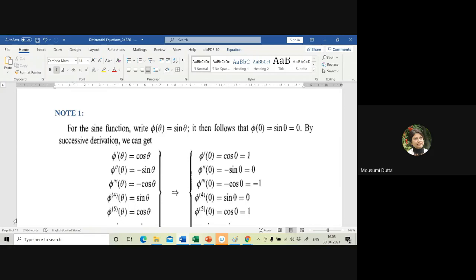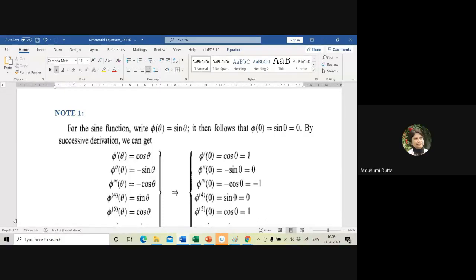Then if I consider the derivatives, go on taking the derivatives, first derivative, second, third, fourth, fifth, etc. The first derivative of sine theta is equal to cos theta, that you know. I think all of you know this. In your trigonometry, you did this.